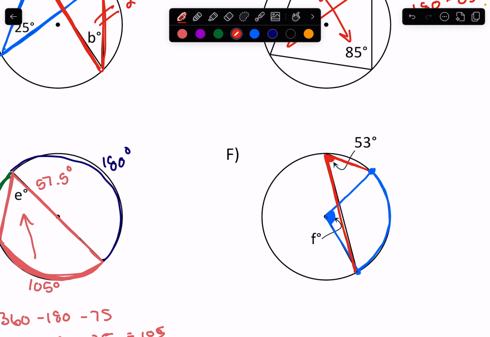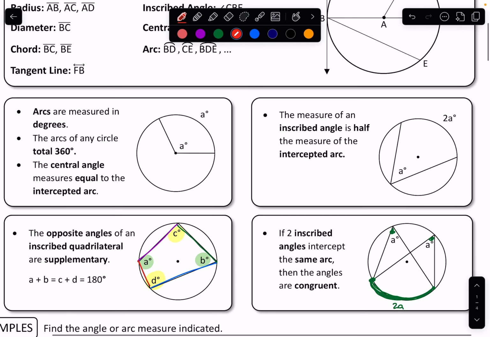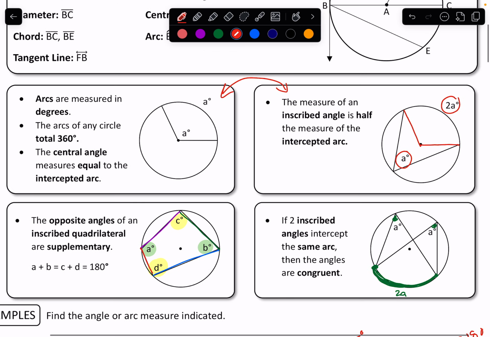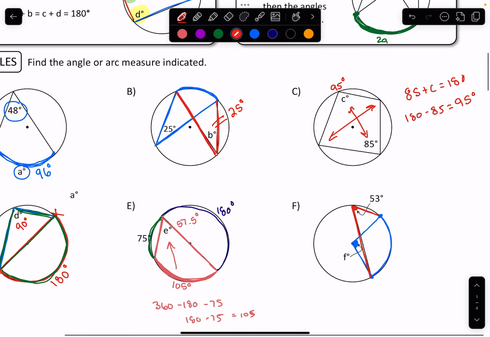And if you remember from up here, if my inscribed angle is A, my central angle is the same, this angle right here. I guess this angle right here is twice that, right? It's this relationship right here. They're kind of mixed together, that the central angle matches the arc, and the arc is twice as big as the inscribed angle.